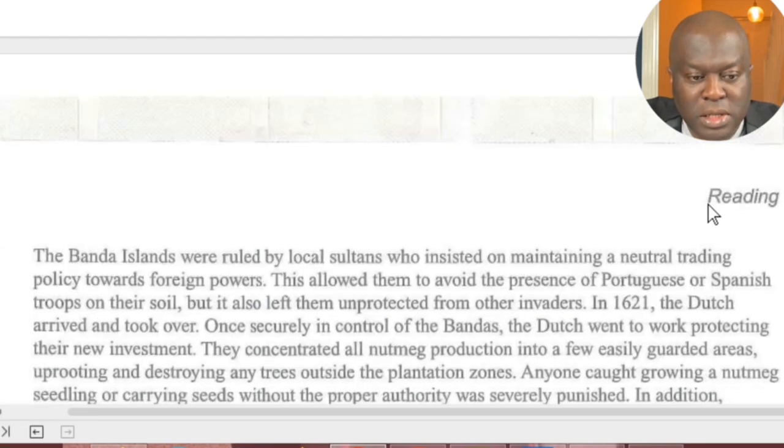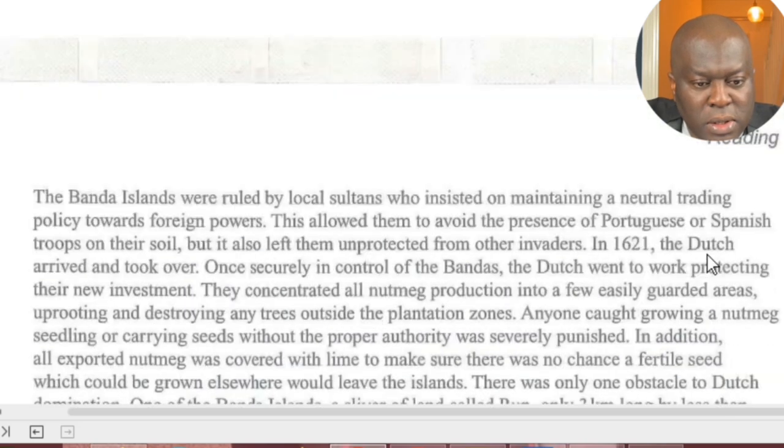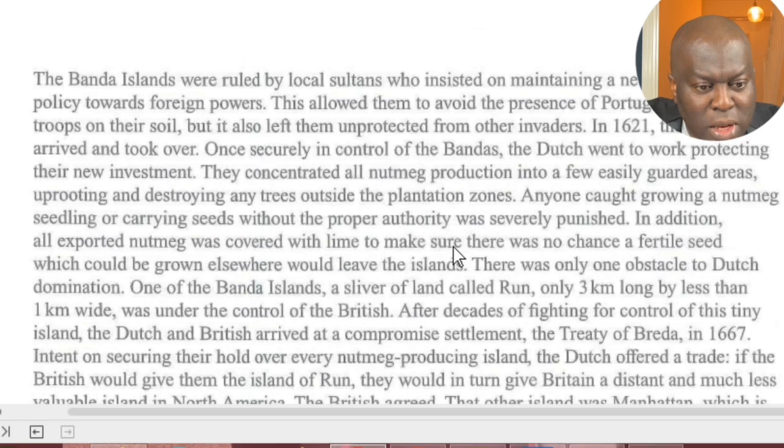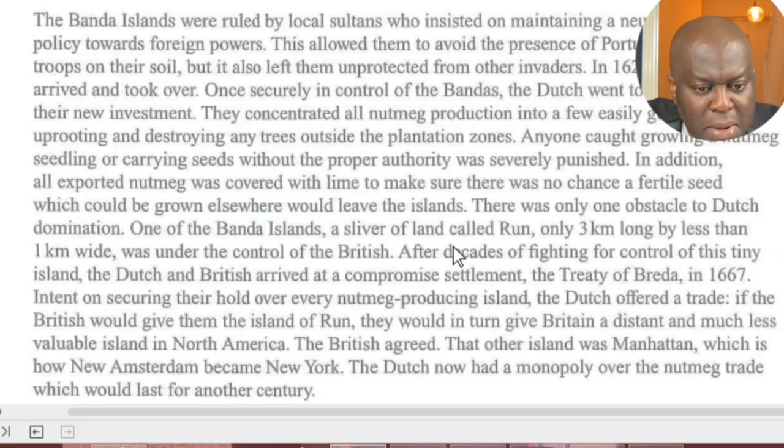No, it's not treaty. I've seen Dutch. I've seen nutmeg again, but I've not seen treaty. Once I see treaty, it seems so pronounced, so loud. Banda, no, I'm not talking about Banda.